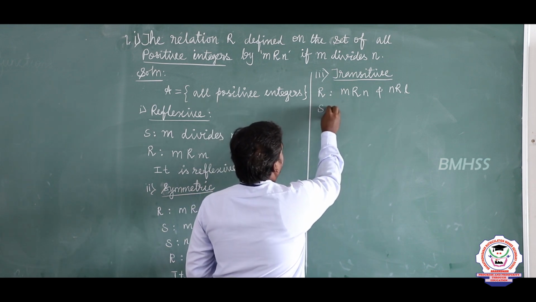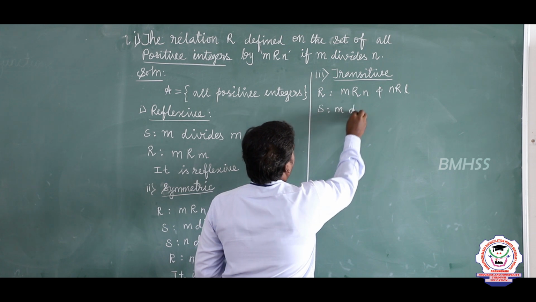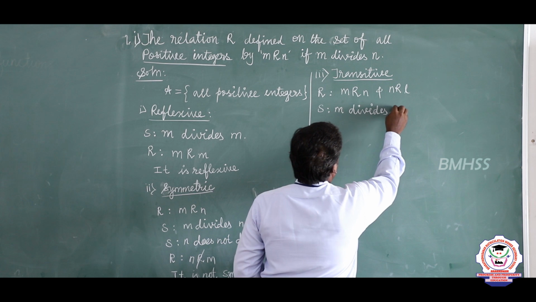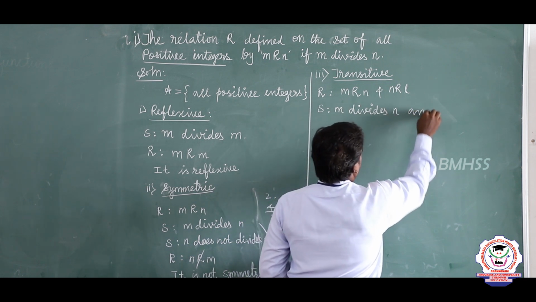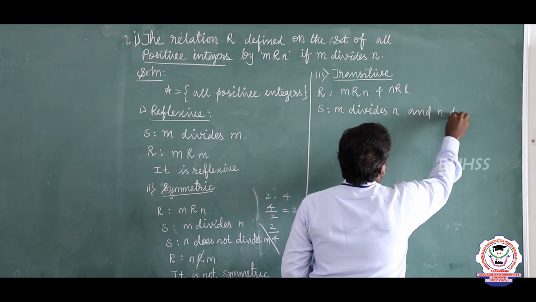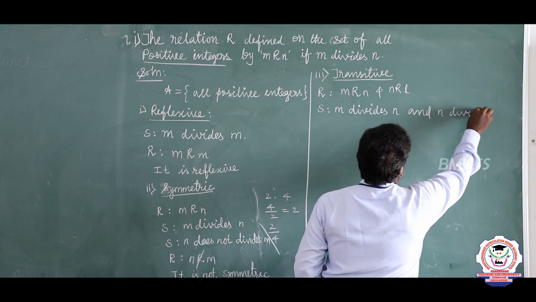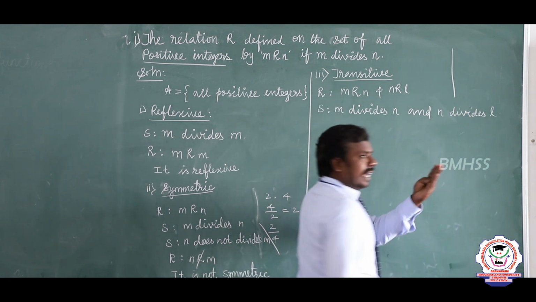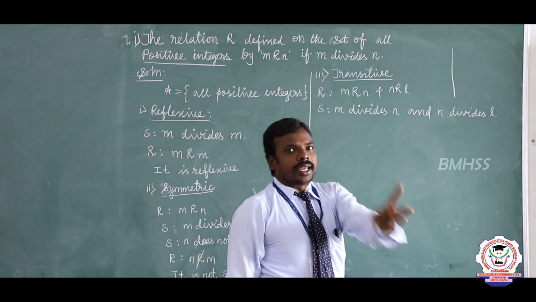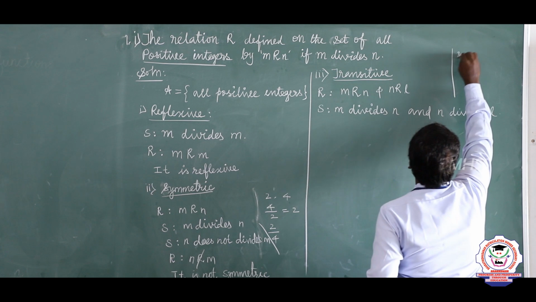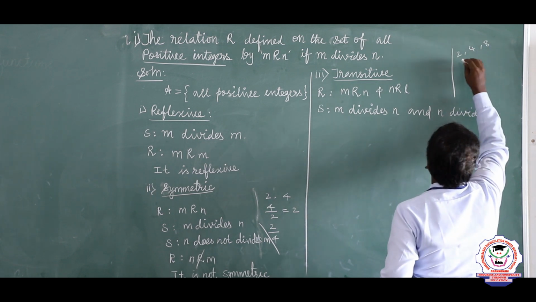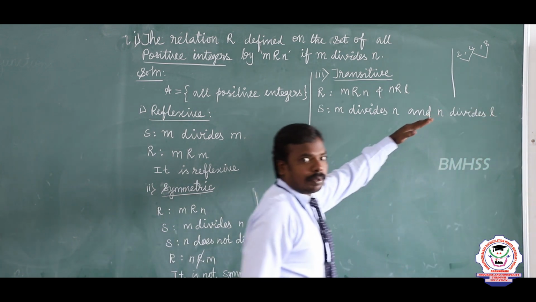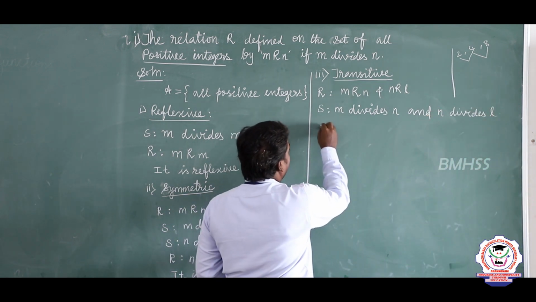In the statement, m divides n and n divides l. Consider three numbers, 2, 4, 8. 2 divides 4, 4 divides 8. It is possible.